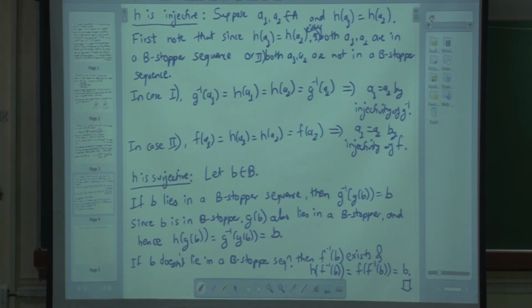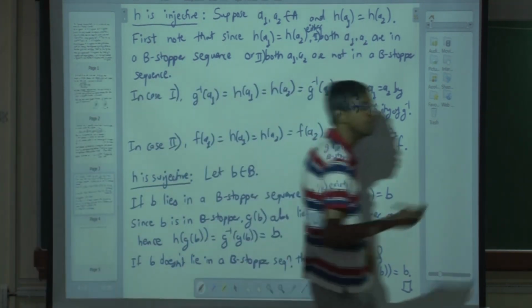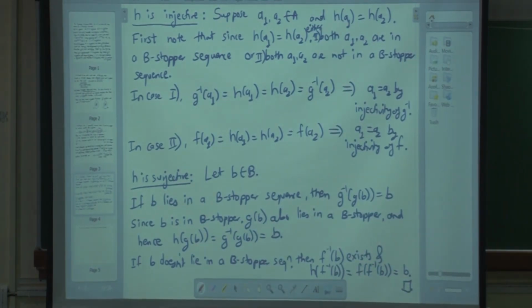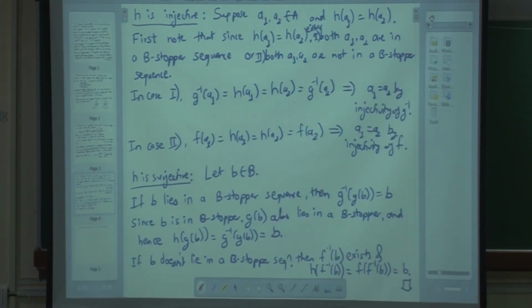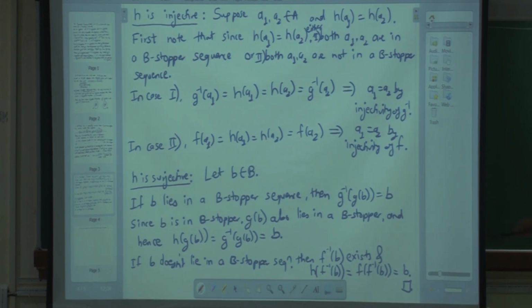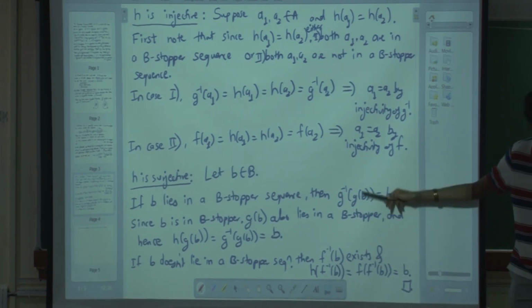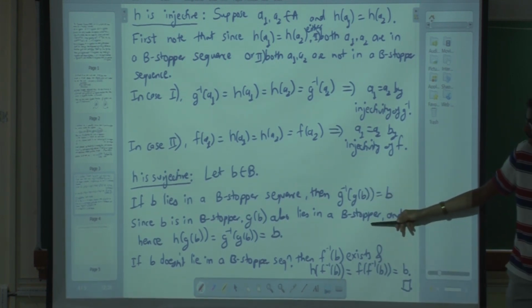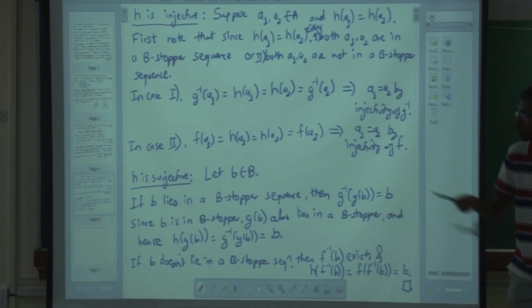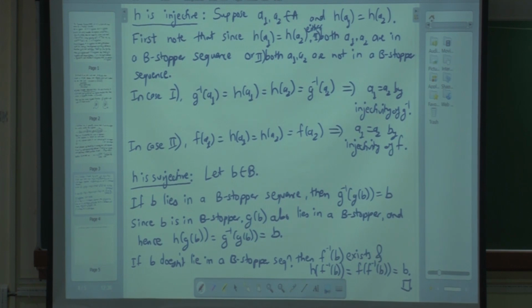I didn't understand how that proves surjective. Which part? The last two lines. So after h is surjective. Okay. So we are starting with an element of B. We are calling it little b. Now b can lie in one of three possibilities of sequences: either it is in a B-stopper, or it is doubly infinite, or it is in an A-stopper.